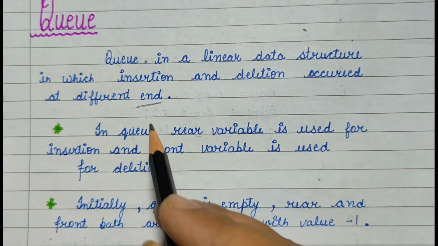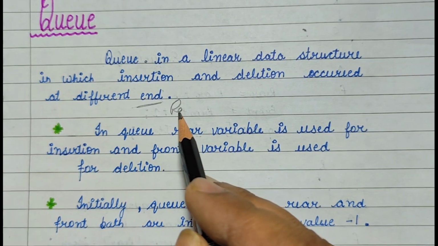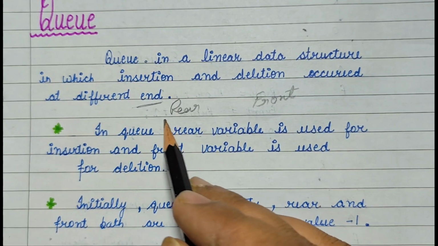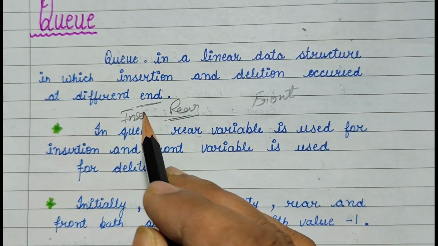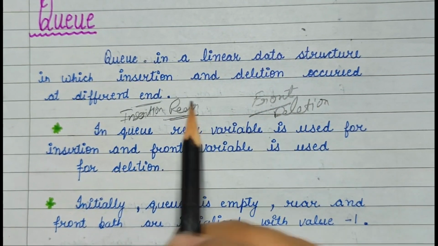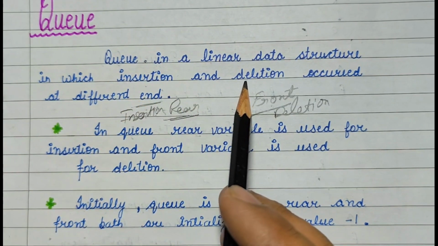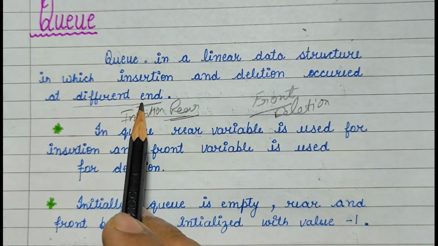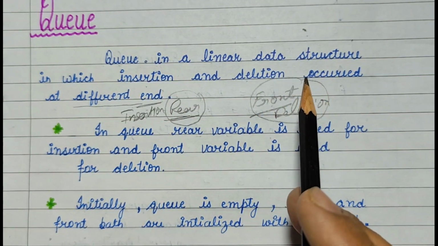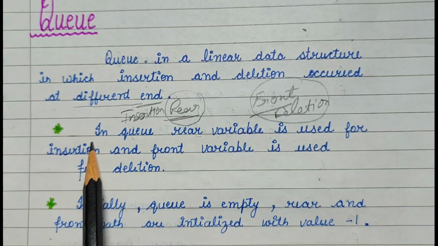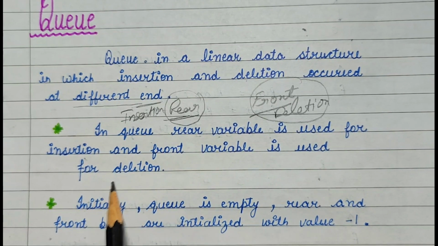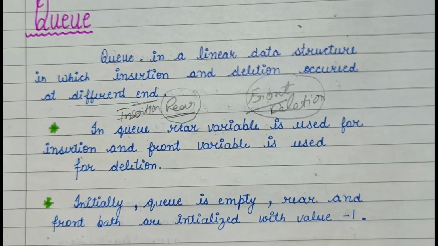So for insertion we use the rear variable, and for deletion we use the front variable, because insertion and deletion occur at different ends. Insertion occurs at the rear end and deletion occurs at the front end. So the most important point here is the rear variable is used for insertion and the front variable is used for deletion.